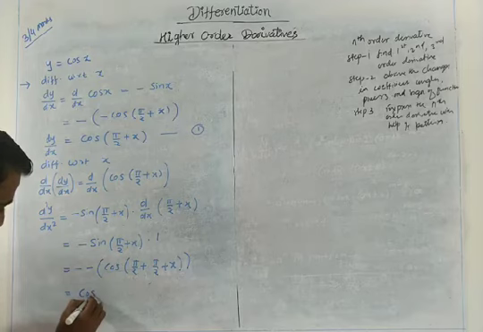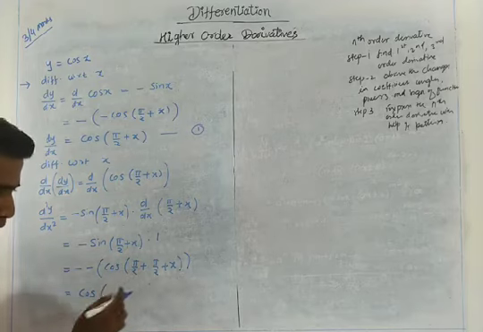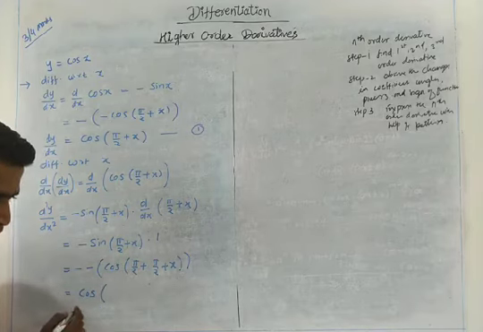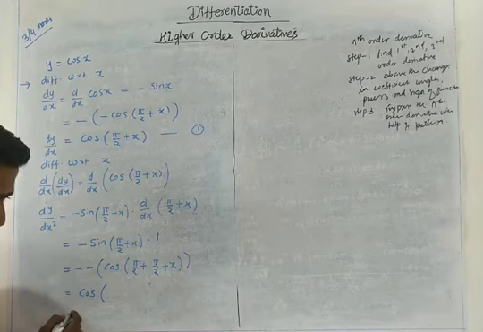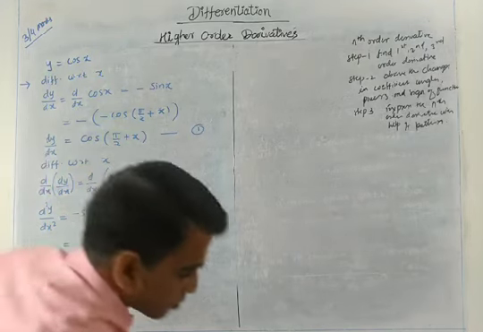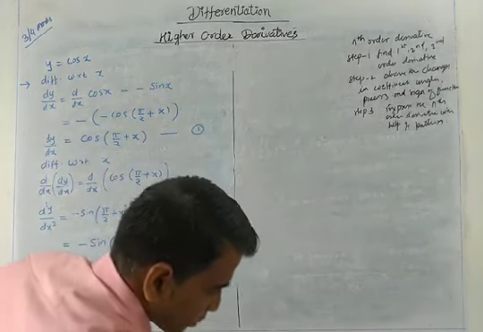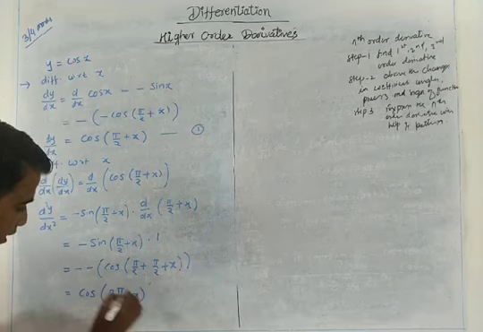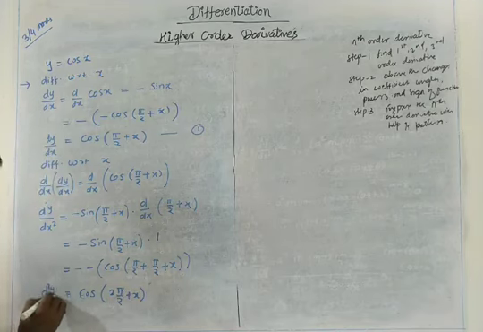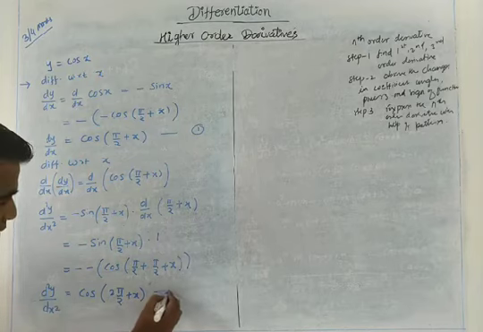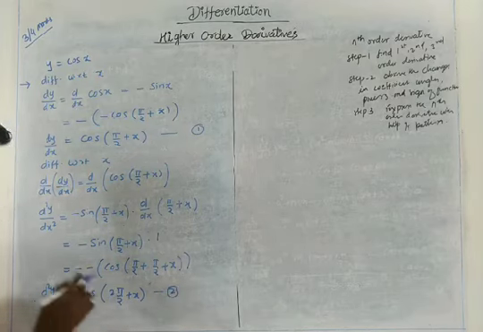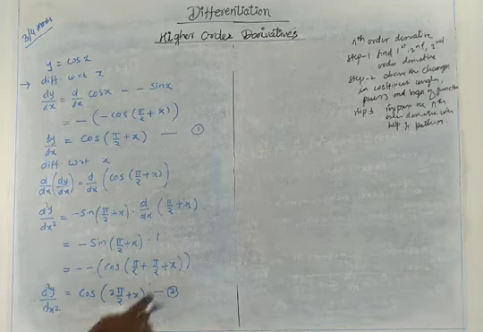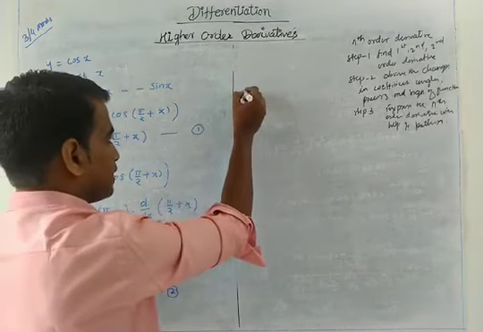So I will get cos of pi by 2 plus pi by 2, what is the answer? Pi by 2 plus x, the value of d square y upon dx square, equation number 2. I am not simplifying this part, I am keeping it as it is. This will help us in the third derivative.